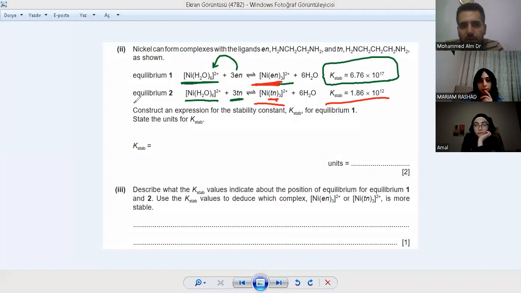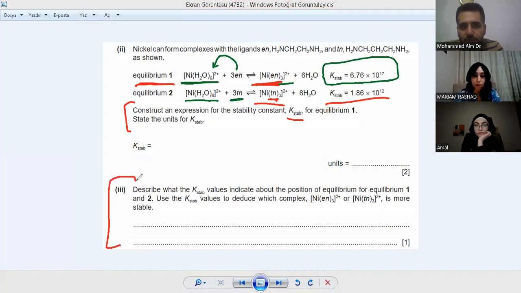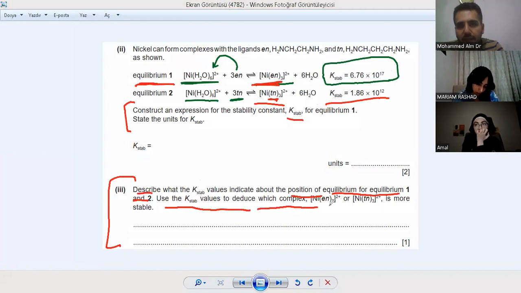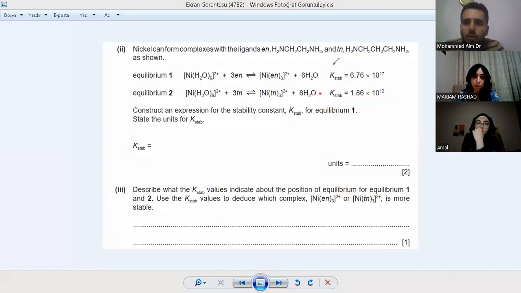The first part of the question, they need Kstab for this reaction. We did this one a few minutes ago. Now the second question. Describe what the Kstab values indicate about the position of equilibrium for equilibrium 1 and 2. Use the Kstab values to deduce which complex, this one or this one, is more stable. Think about it. Which complex is more stable and why?